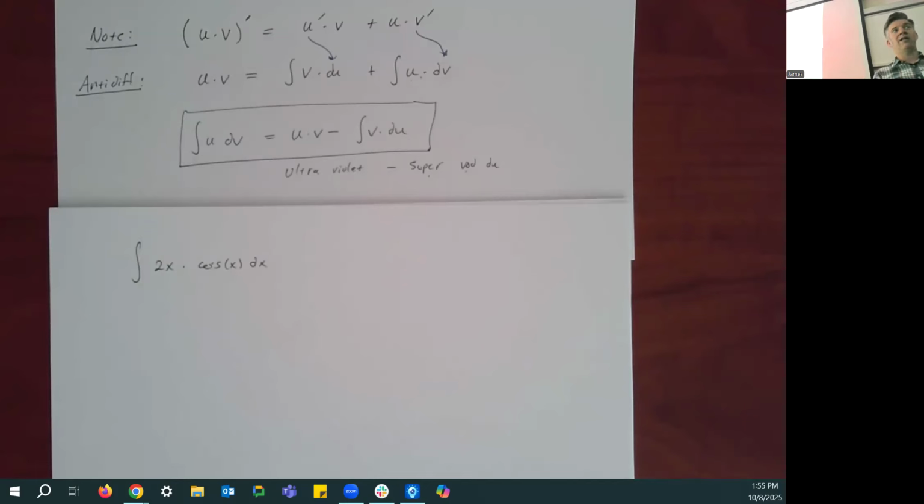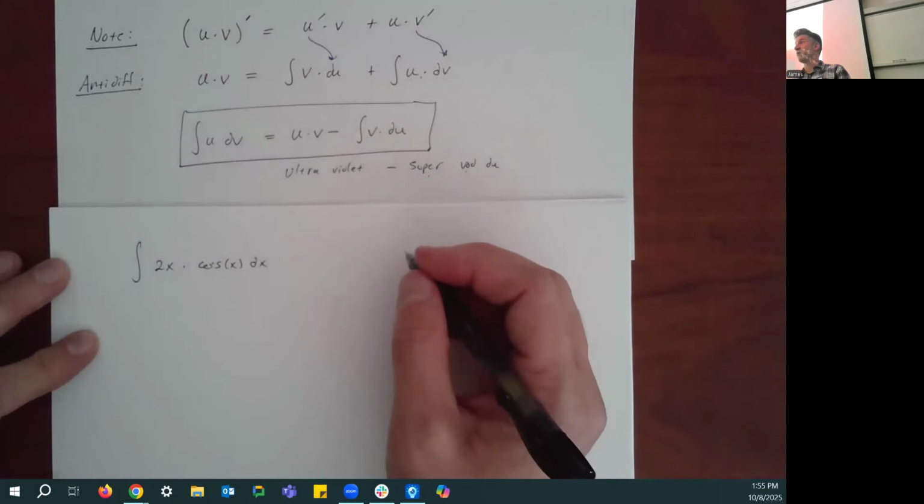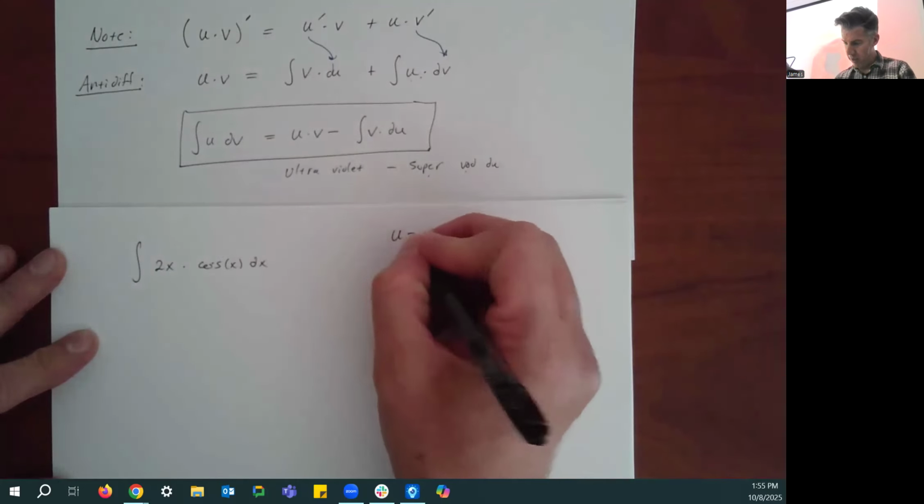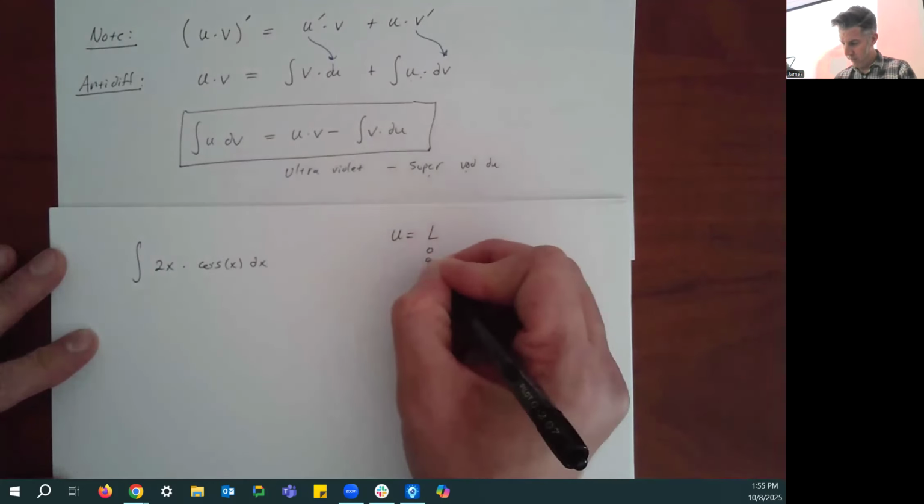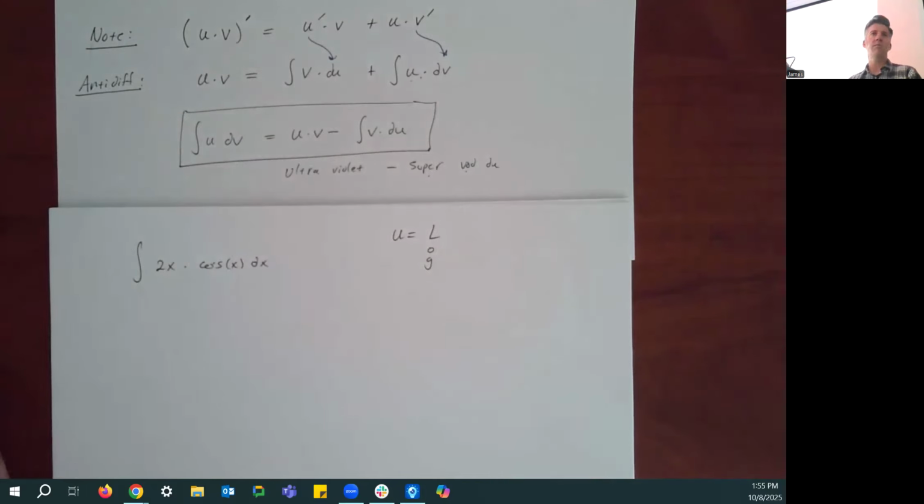So the primo candidate for u is the natural log of x. Natural log of x is a pain in the butt. Its derivative, though, is just 1 over x, which is x to the minus 1, which is relatively simple. So kind of the order of best picks for u is first pick u equal to a logarithm, if you've got one. Typically natural log, but it could be log base 3. Not usually, though.